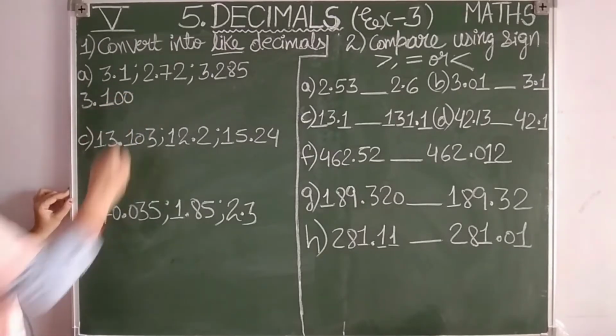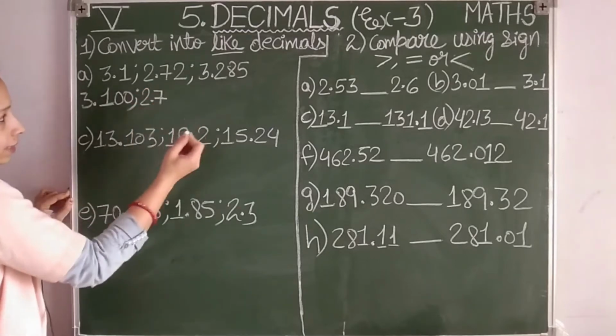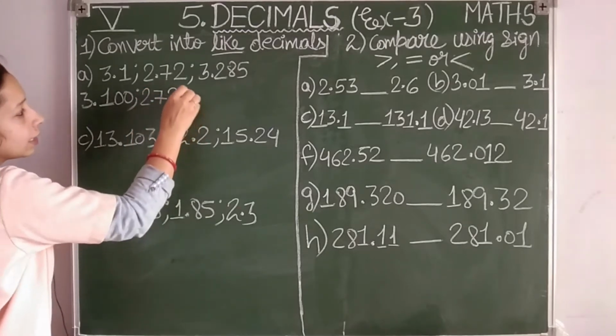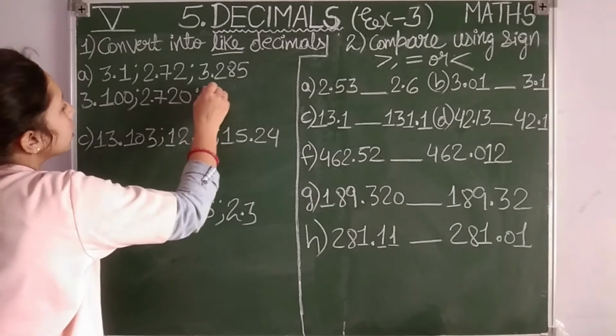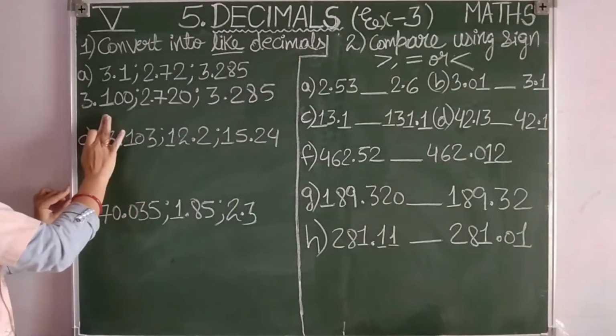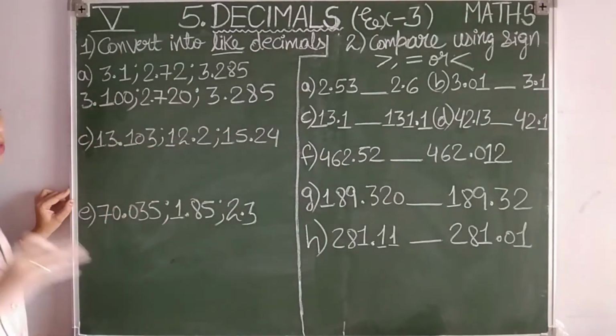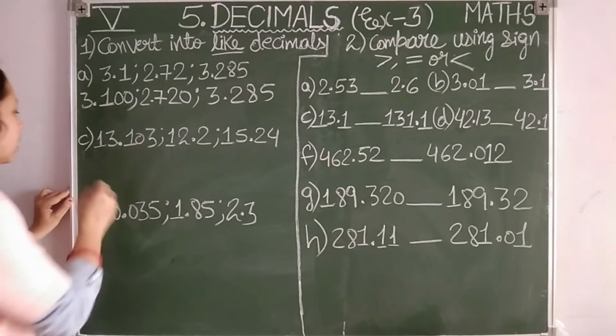We are going to put 0. Then again 2.10, hundredths, thousandths. Okay, and copy this one, 3.285. Now you can see all the three numbers have equal digits after the point. That means up to the thousandths place. Same thing here.